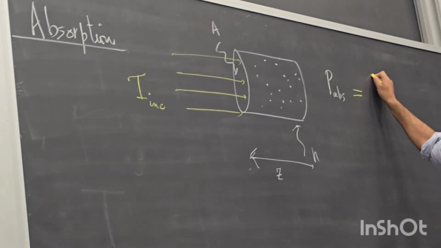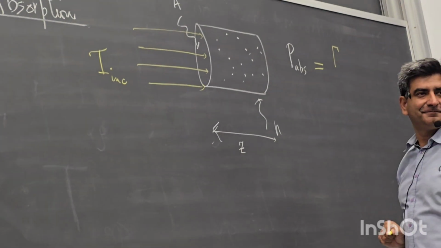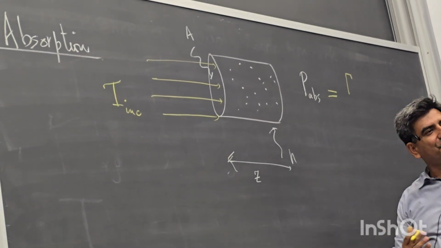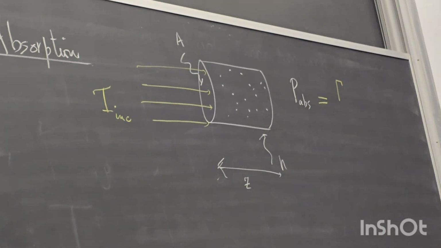will be given by the photon scattering rate times the number of atoms in the system. Correct?